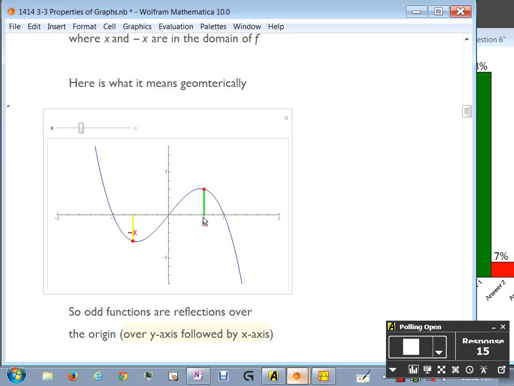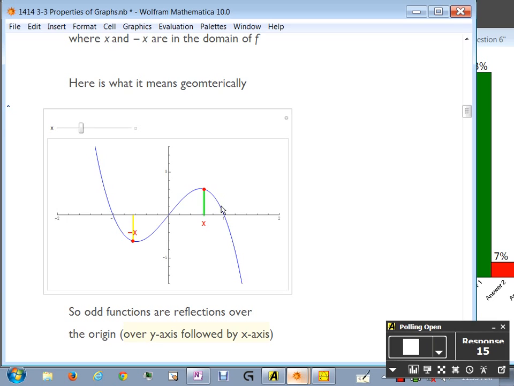The reason this is going to become useful to us later is we're going to have functions that we know are odd or even. Like when you get to pre-cal, the sine function is going to be an odd function. The cosine function is going to be an even function. These are trig functions like sine waves, cosine waves.